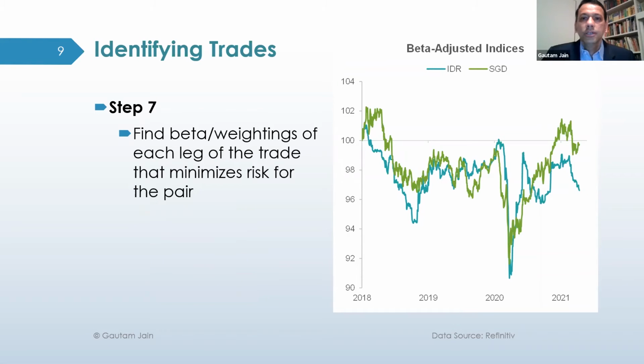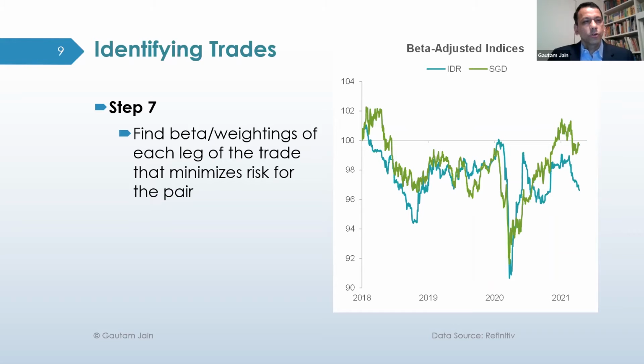which is essentially once I've identified a pair, this is to me one of the most important and possibly underestimated steps. Essentially, it is to find the right weightings of the two legs of a cross trade. And this is a little bit of science, a little bit of art, in the sense that what I try to do is first find pairs that have reasonable correlations with each other.